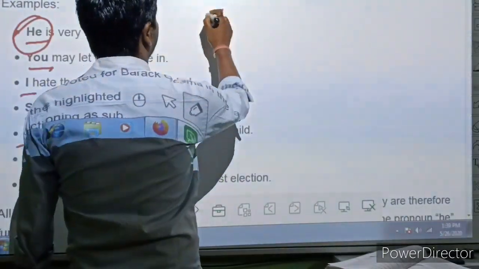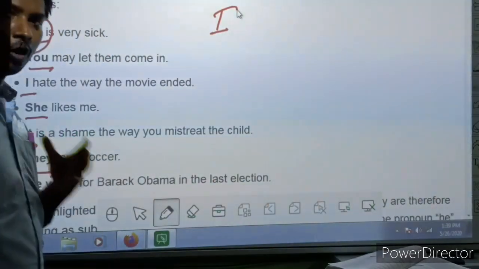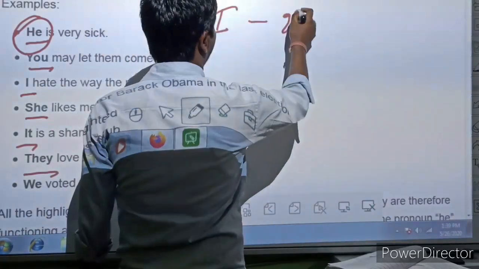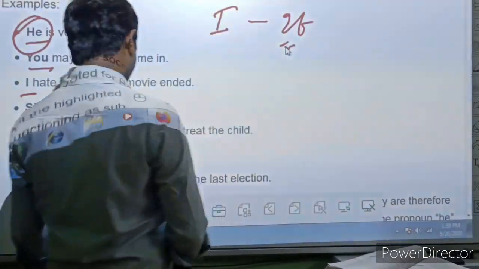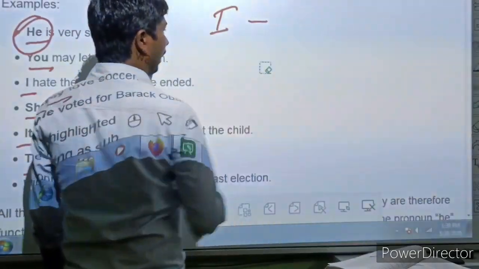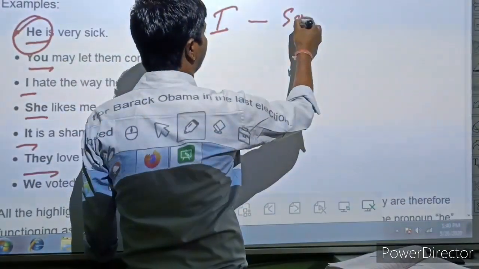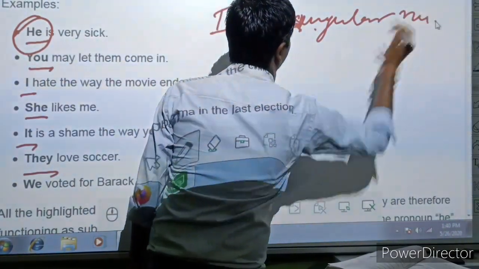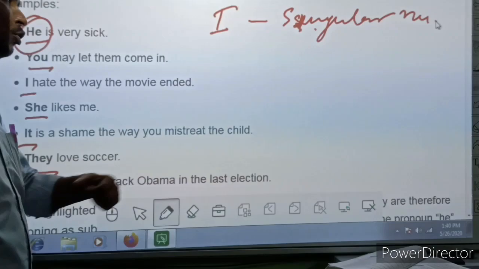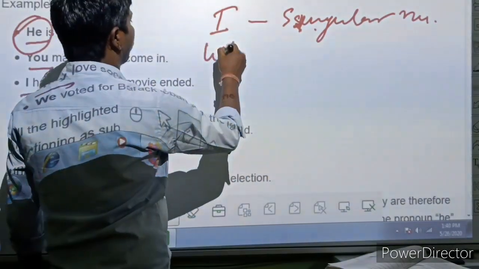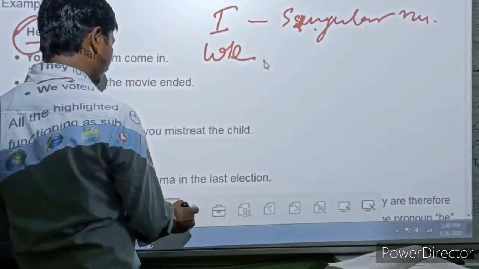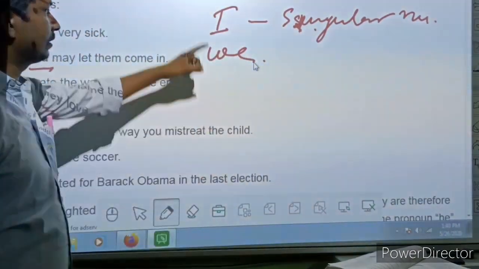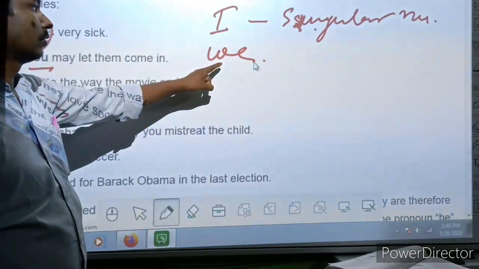The I is the personal pronoun in the form of singular number. And when I becomes plural, it can be said we. This is the singular one and this is the plural one.